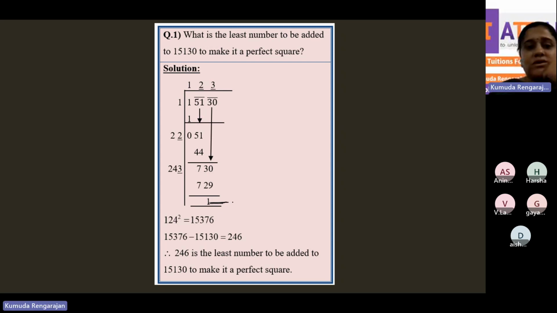Irrespective of the remainder you get, we are just considering the quotient. The remainder can be 1, 2, 3, 4, whatever. We are not concerned about the remainder. We are only concerned about the quotient and the successor of the quotient, which is 124. Even if the remainder is 2, it doesn't mean you're going to add 2 here. It is regardless of the remainder. Whatever the remainder, it's always the successor of the quotient.